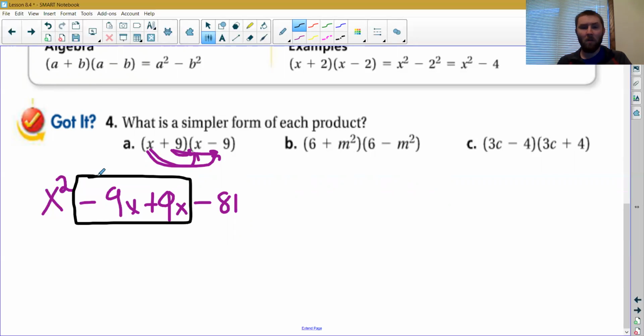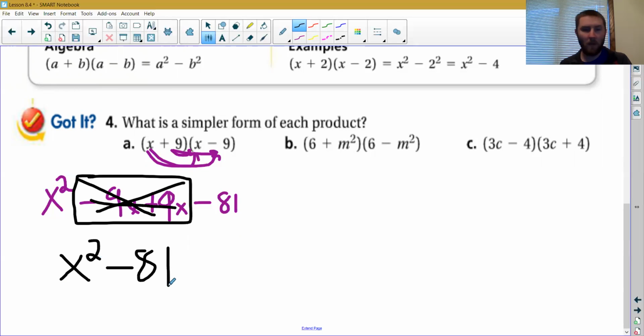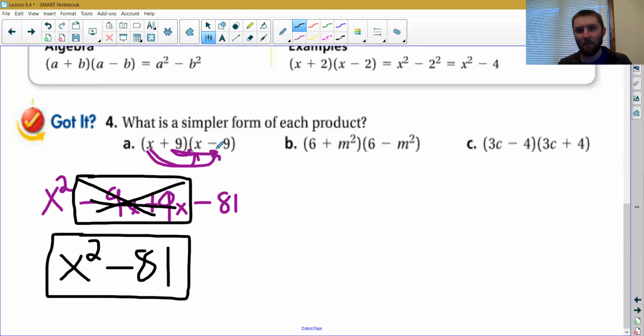I get 0, right? 0. Negative 9 plus 9 is 0. There are no x's in the middle of this polynomial now. These are totally gone. They cancel each other out, okay? What am I left with? I'm left with simply x squared minus 81. Okay, that would be my simplified version of x plus 9 times x minus 9.